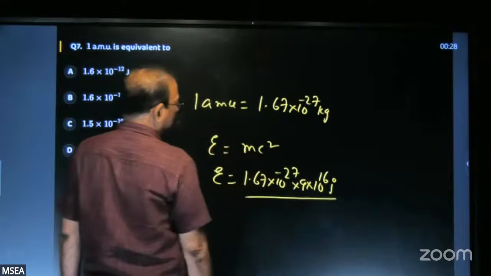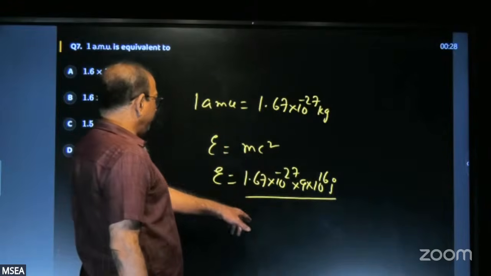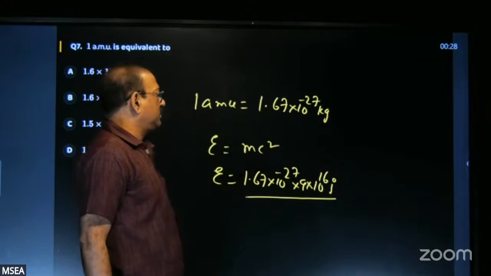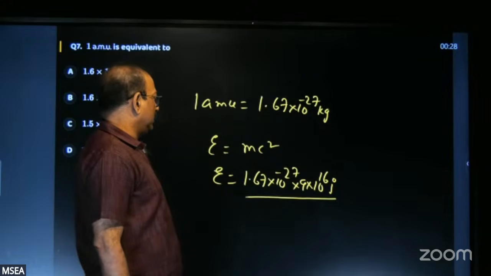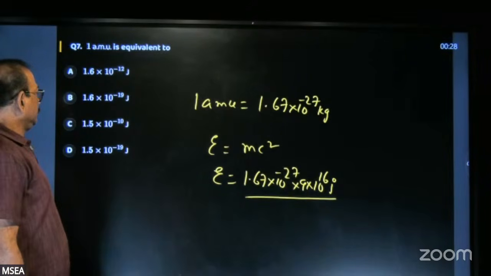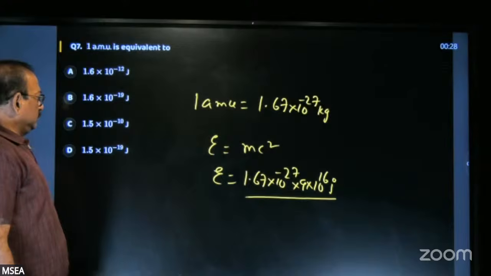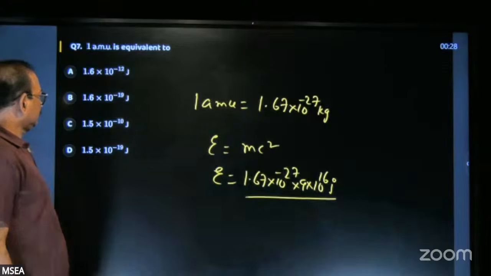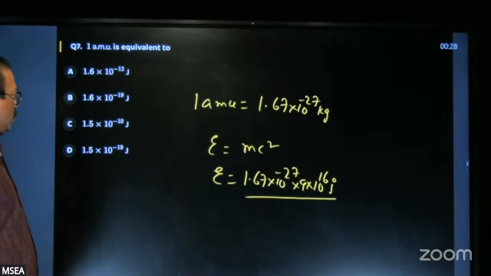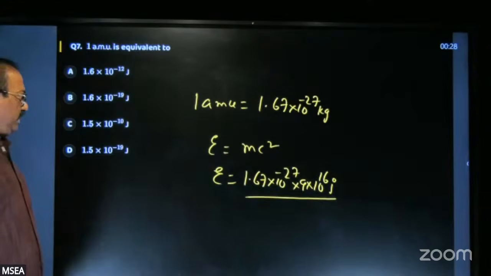So many joule. If you divide this with 1.6 into 10 power minus 19, you will get this answer in MeV, 931 MeV, million electron volt.